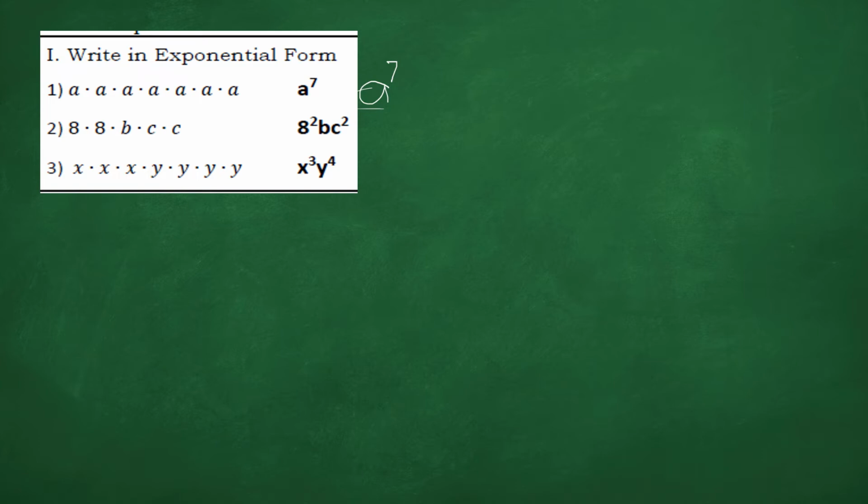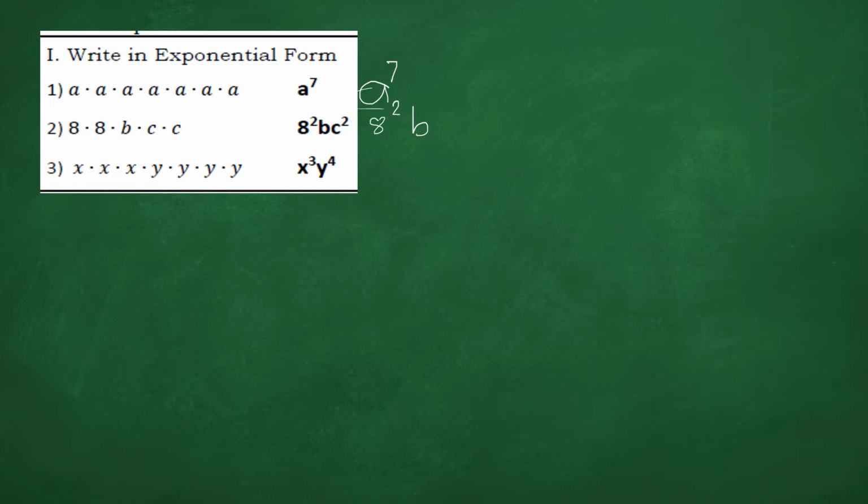Number 2, 8. So, we have 8 as the base. Since si 8 ay twice na ginamit as a factor, we're going to write 2 dito sa taas ni 8 as the exponent. Then, we have B as the variable. Since si B ay isang beses lang siya ginamit as a factor, of course, we're going to write 1 as the exponent.